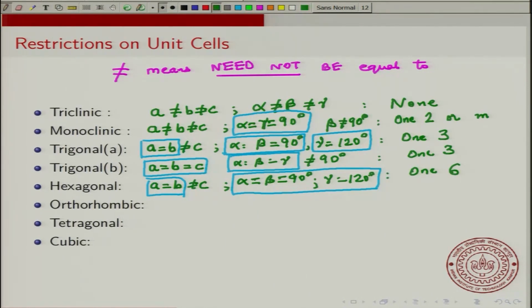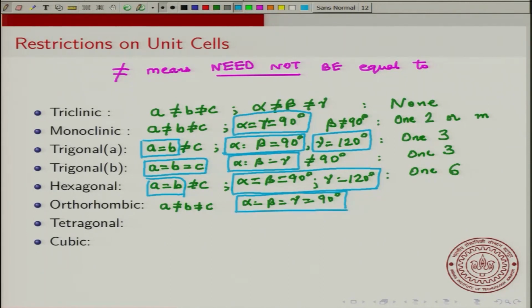Now for the orthorhombic system, we said A need not be equal to B, it need not be equal to C. However, your alpha has to be equal to beta, has to be equal to gamma, equal to 90 degrees. Okay. So the restriction is that alpha, beta and gamma should all be 90 degrees.